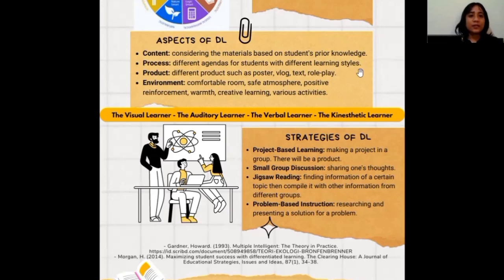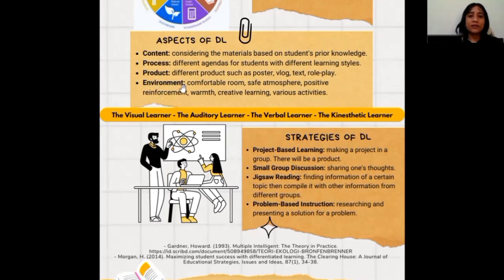I will explain it later in the strategies. And then the product. Different learners with different learning styles can make different products, such as poster, vlog, text, and role play. I will explain this aspect later also in the strategies of differentiated learning.